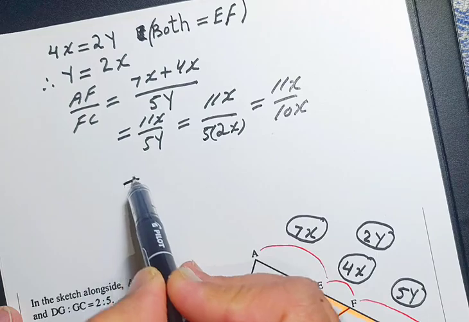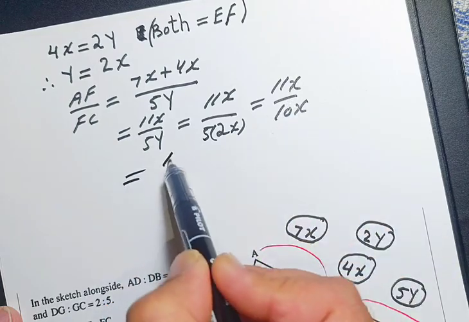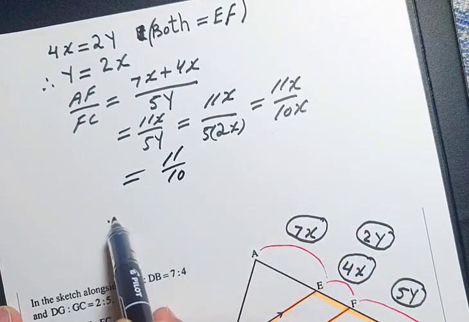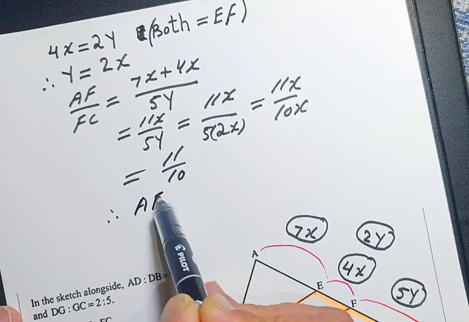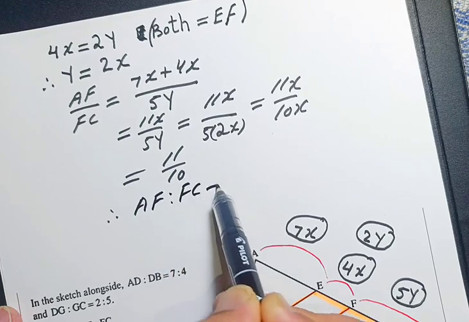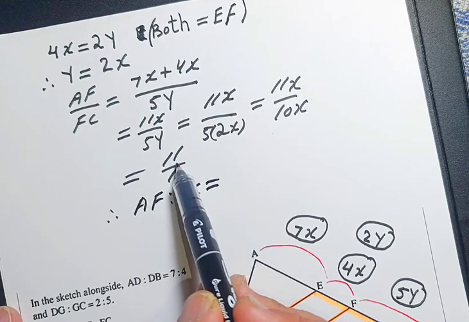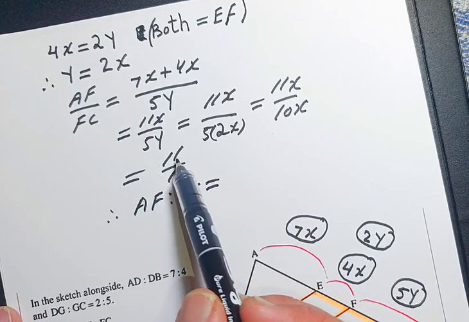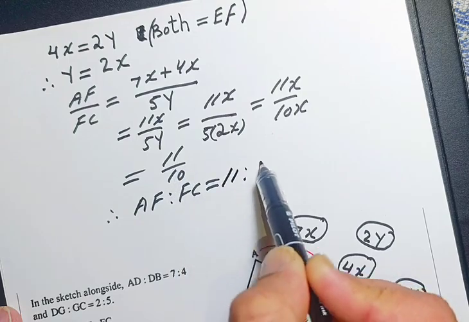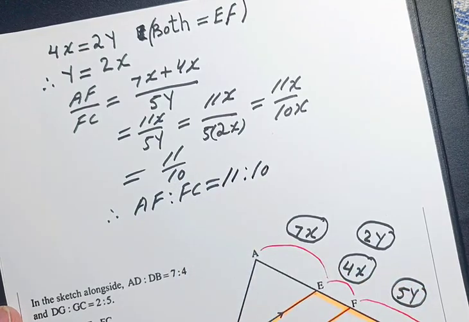Now x and x cancel, leaving 11 over 10. Therefore AF ratio FC is equal to 11 over 10 in fraction form, and I can write it in ratio form as well: 11 ratio 10. So this is my final answer.